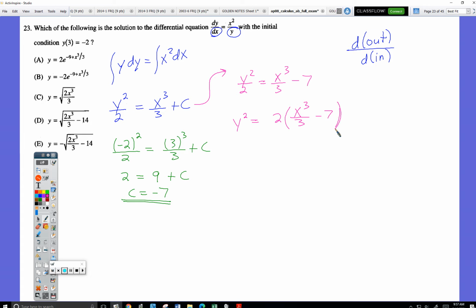Take the square root of both sides. When you apply the square root operator, you must consider that it could be the positive or negative root. Okay, questions?